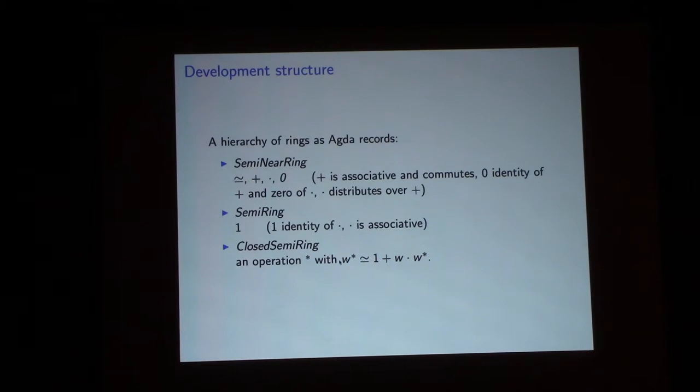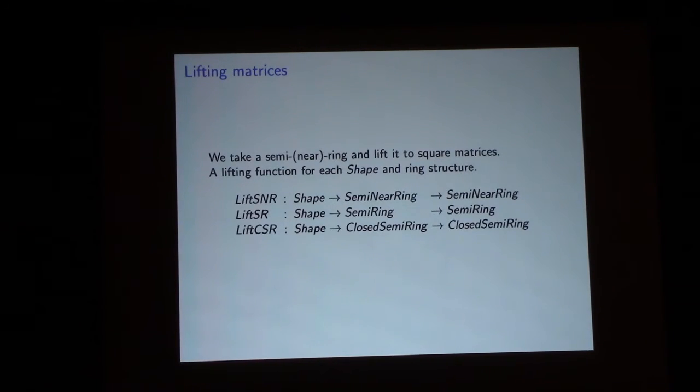It has this specification: the star of something is 1 plus that something multiplied by the star of the same thing. This is an example of this star operation. It could be like in regular expressions, where you have a star operation that means exactly that. So what I did then was take my matrix thing and lift element types into a matrix semiring.